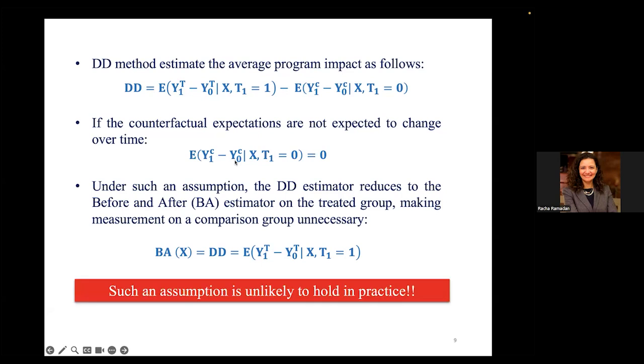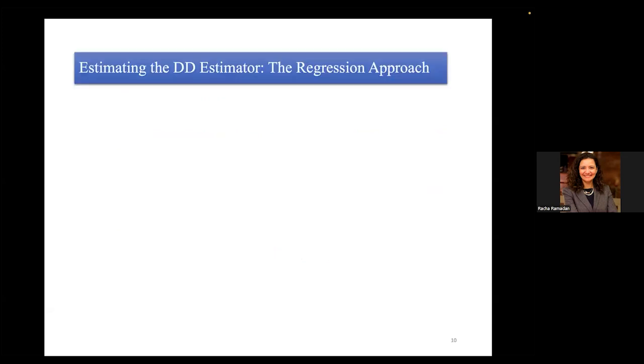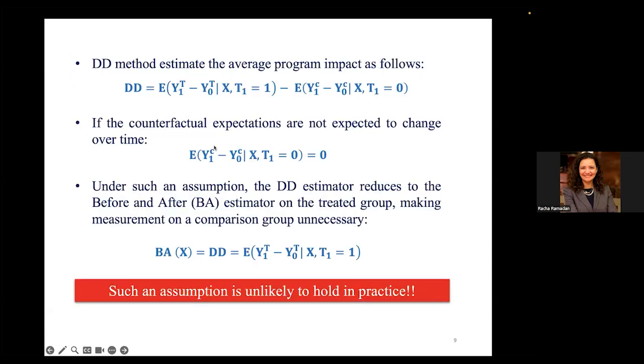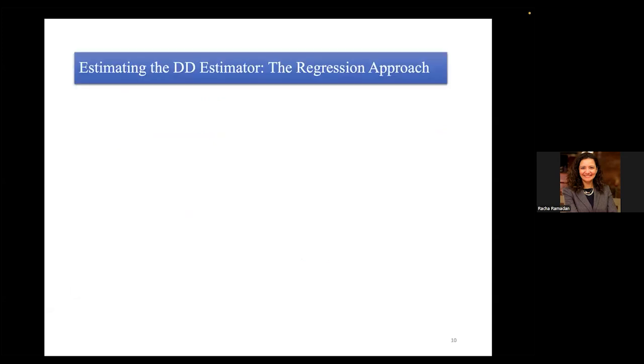So given that this is not equal to zero and this is not likely to hold in practice, how can we estimate the effect of the program on the outcome variable of interest, let's say the income, using the difference in difference? So now this is the logic or the main idea behind the difference in difference. Now I will show you in terms of regression how we can do it.